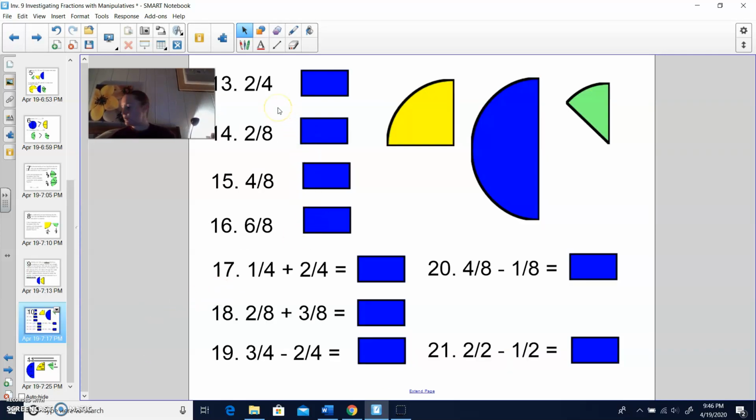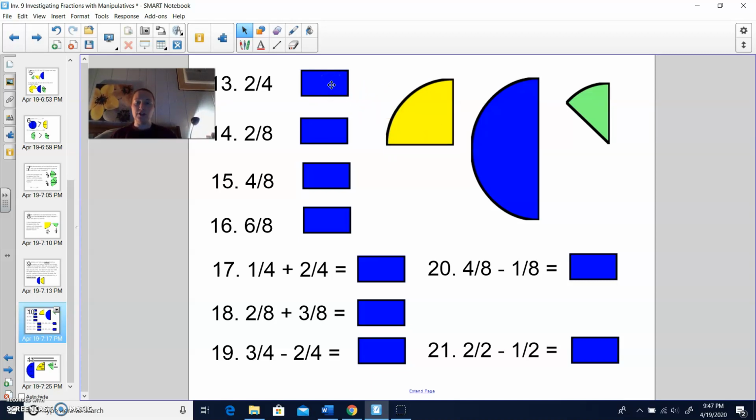Okay, so for numbers 13 through 21, you are reducing the fractions to the lowest terms possible. So if I have 2/4, so I have two of these, can I make it a reduced fraction? Can I say something is smaller than 2/4, a smaller number?